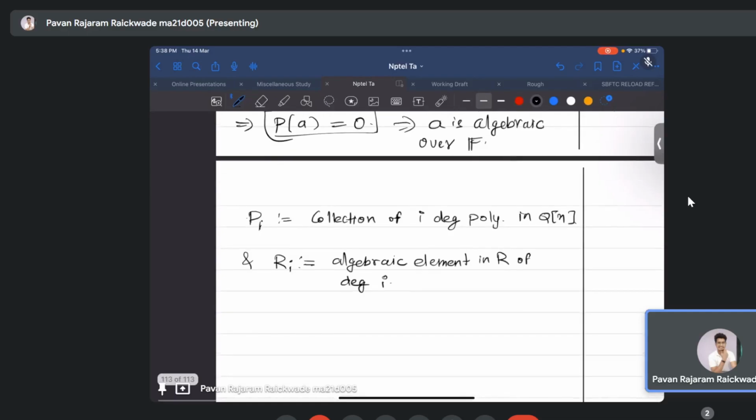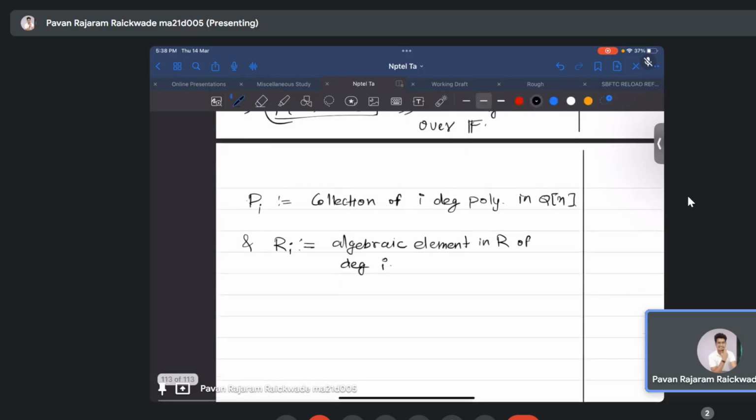Now every element in R_i has a polynomial in P_i, a kind of pair. There can be many elements in R_i which have the same polynomial in P_i, but only finitely many, not more, because every polynomial of degree i has at most i roots, right?